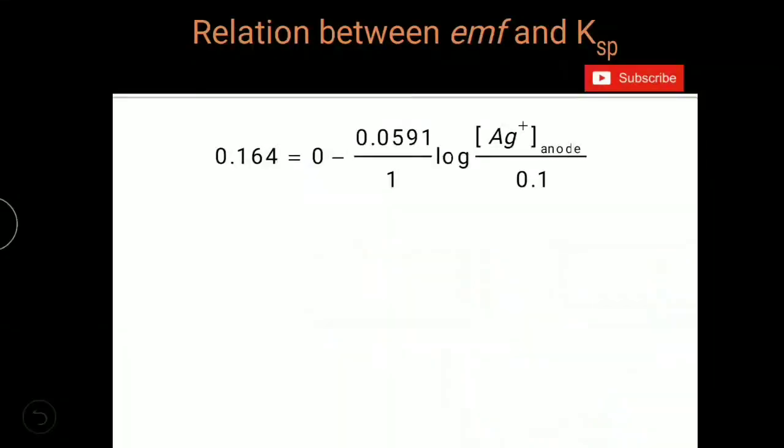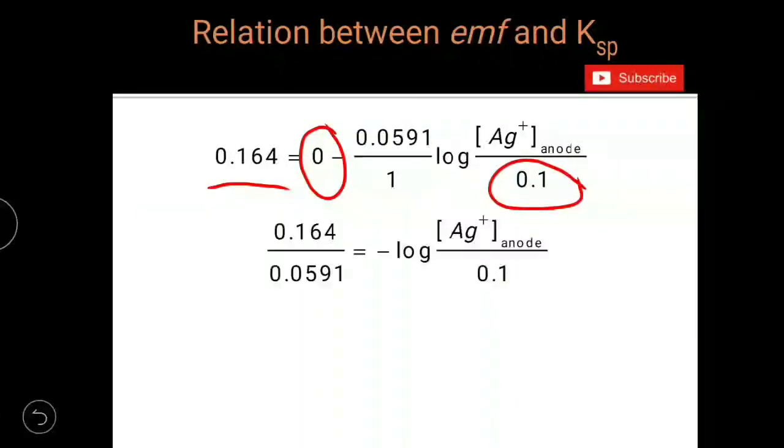And it's a concentration cell because both the half cells contain silver electrodes. For concentration cells, E naught cell value is equal to 0 and E cell value is already given, 0.164, and silver ion concentration at cathode is also given, 0.1 molar.